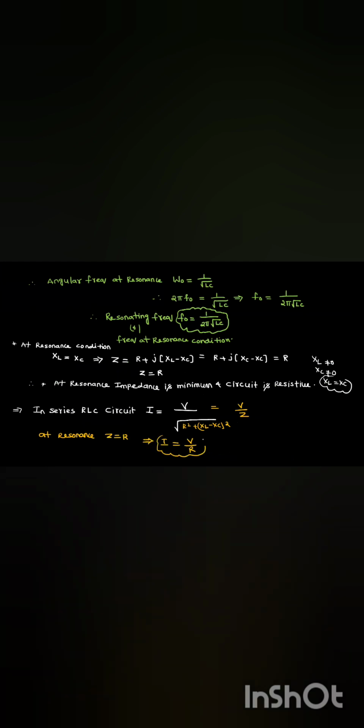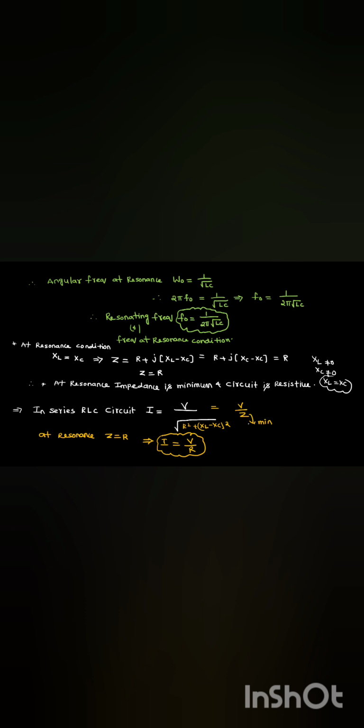But at resonance condition, Z equal to R. If Z equal to R, what is I equal to? V by R. If I equal to V by R, then what about the voltage and current? Voltage and current are in phase and current is maximum. Why? Because Z is minimum at resonance.